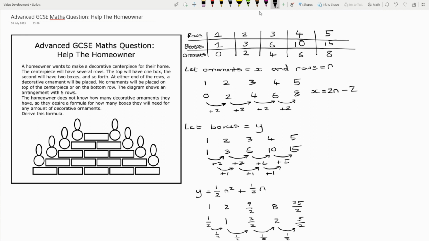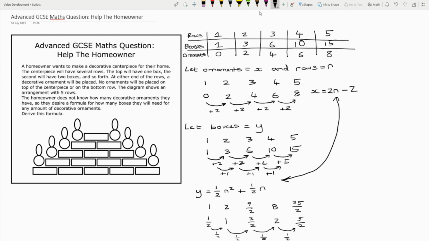Okay, so now we need our equation or formula in terms of the number of boxes and the number of decorative ornaments. So what we need to do is we need to solve both of these two equations simultaneously to get rid of the n.